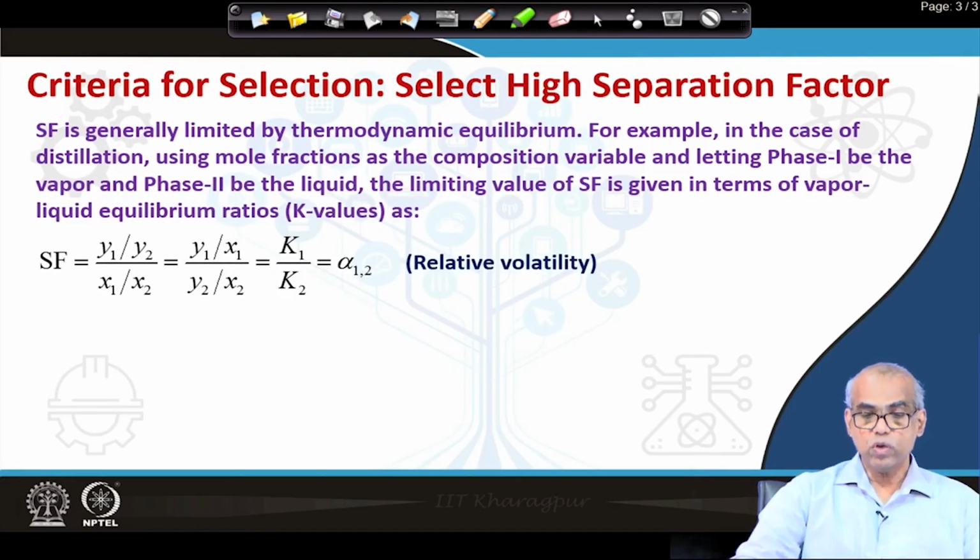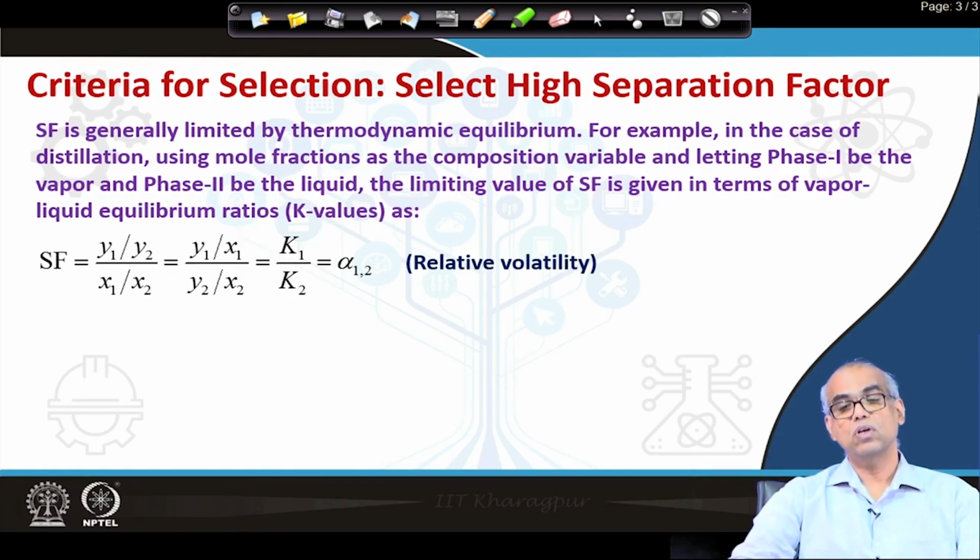Now, once we have selected the separation factor, we have to select a separation method with high separation factor. As we discussed, the separation factor is generally limited by thermodynamic equilibrium.